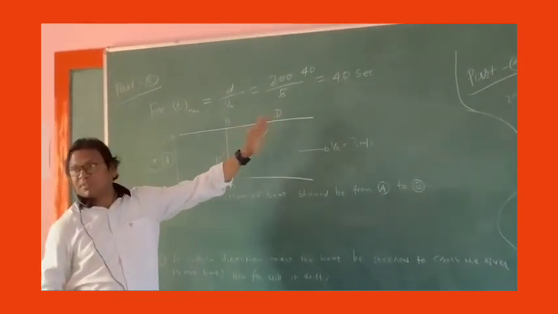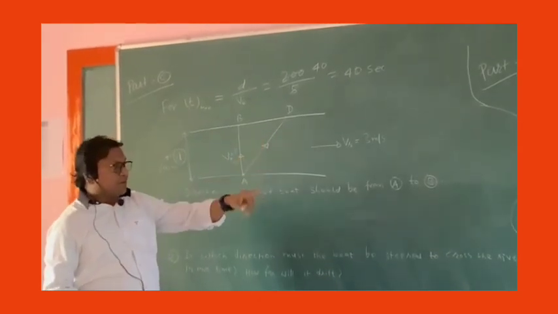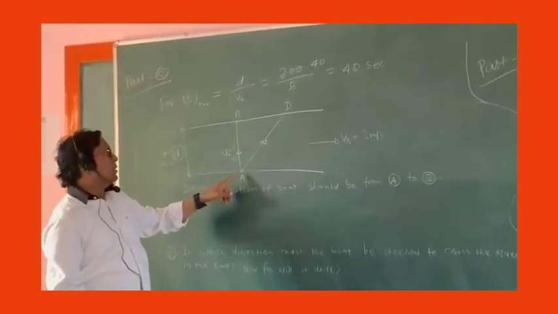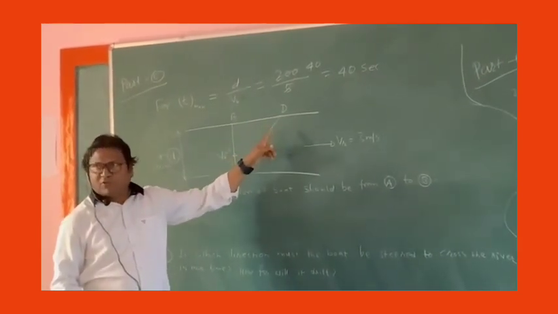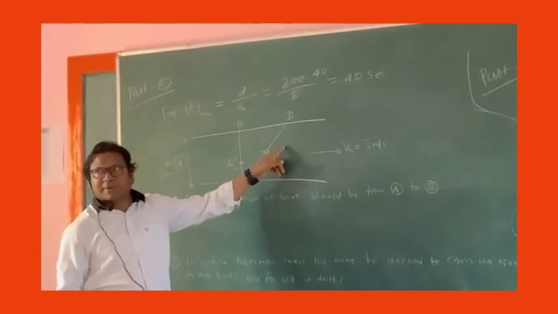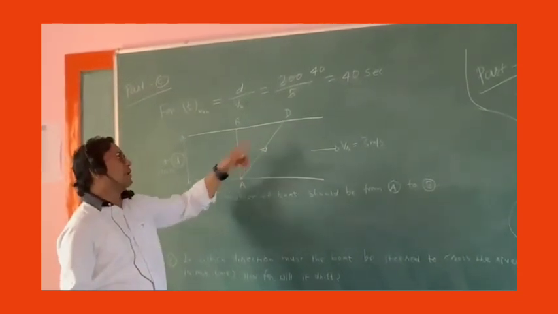A to D. This is the actual path. So this minimum time is followed by the distance AD. In 40 seconds is the minimum time. In 40 seconds, the boatman travels along path AD.